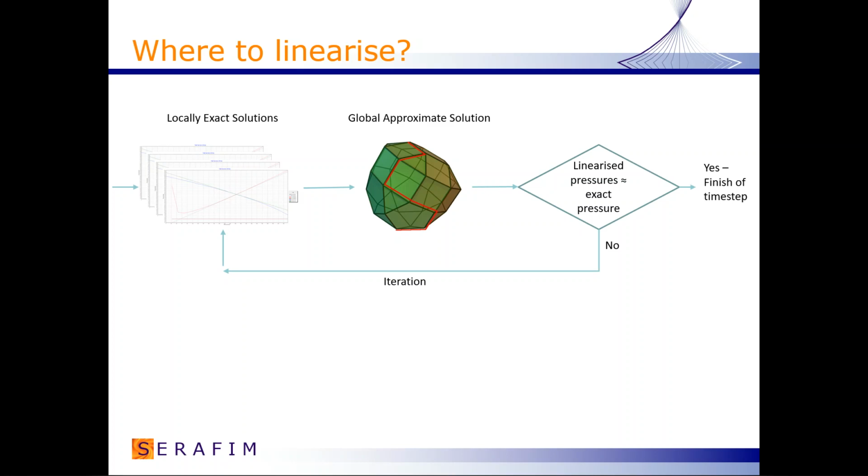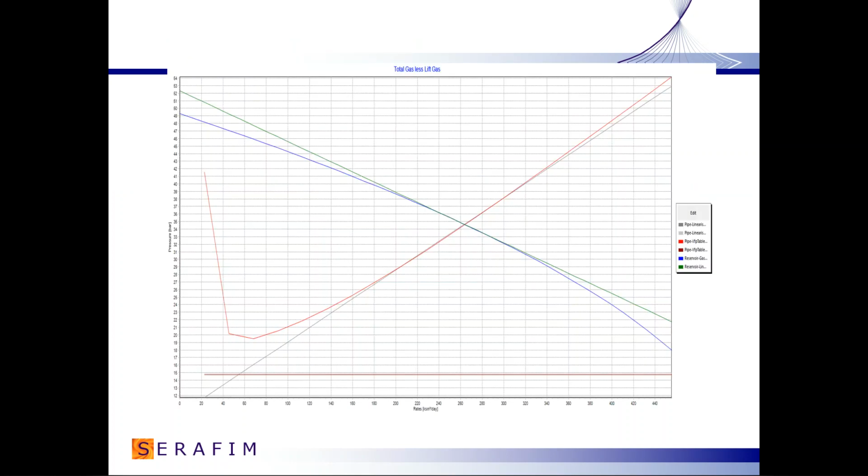So in the global solver, it comes up with a solution in terms of optimized rates and pressures. If those linearized pressures are close enough to the exact pressures, then you're done. Otherwise, one can do another iteration. And in practice, the result gives very good results.